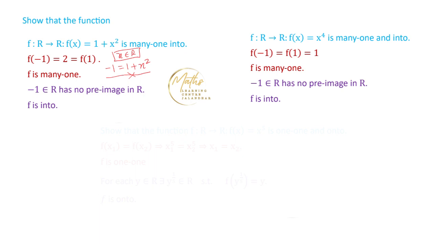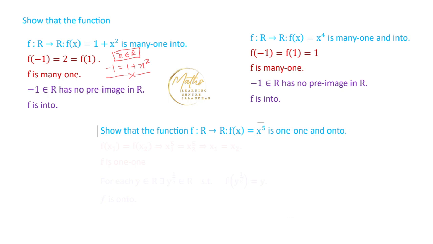Next, show that the function f defined from R to R by f of x is equal to x raised to the power 5 is one one and onto. Look at the difference over here. When we talk about x raised to the power 4, it is neither one one nor onto. When we talk about x raised to the power 5, it is both one one and onto.